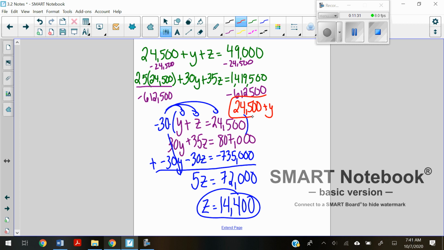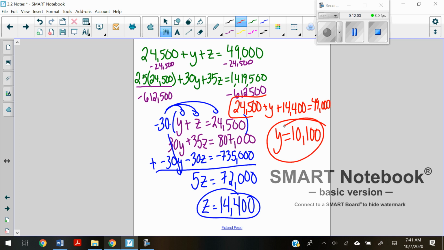Okay, plus my 14,400 that we just found was for z. And then equals, remember the total number of seats is 49,000. So you're going to take 49,000 and you're going to subtract 24,500. You're going to subtract 14,400 from there. And so in the middle level, there are 10,100 seats. Whew, we found all 3 of them.